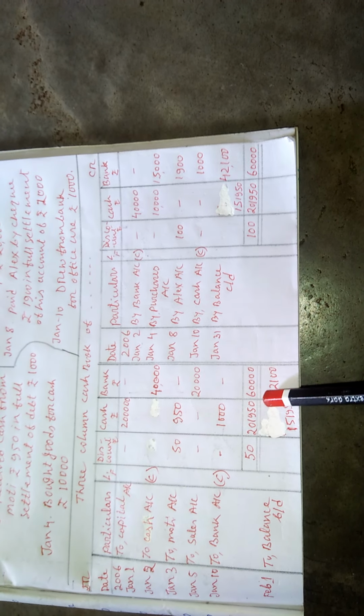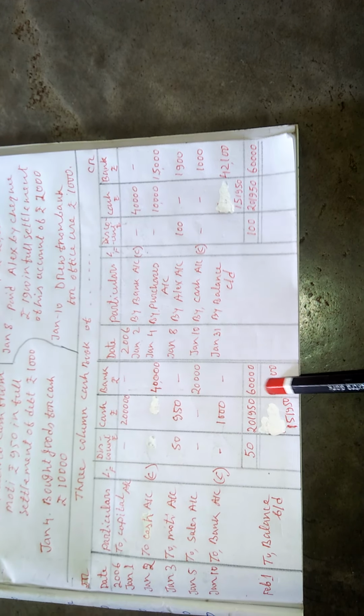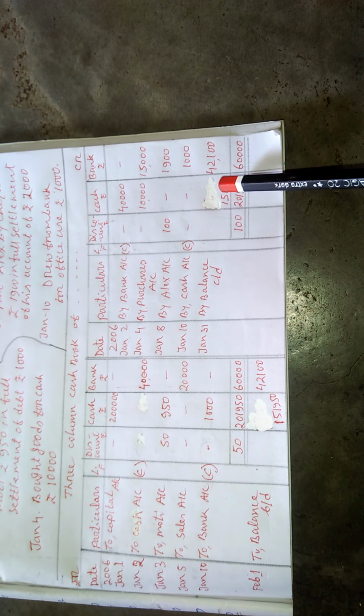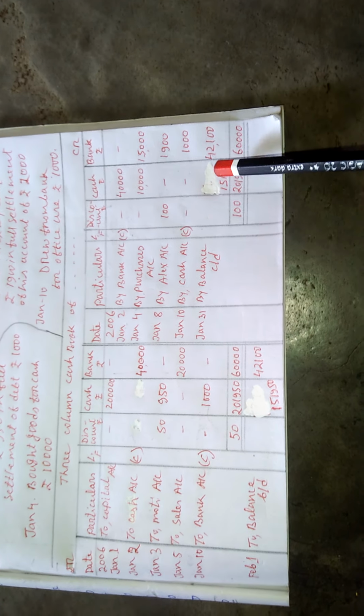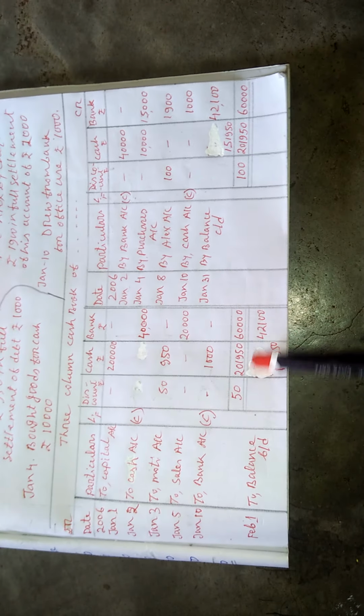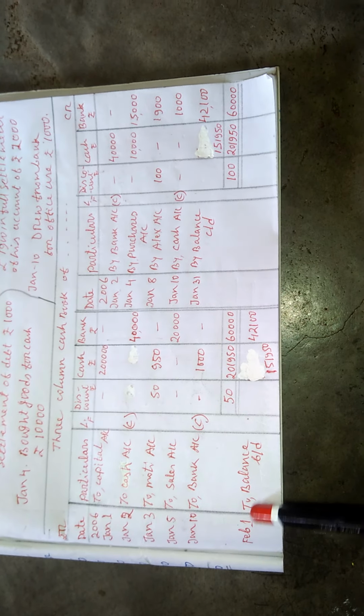So if we balance it, 2 lakh 1,950 minus 50,000, the balance will be 1,51,950 we have in our cash balance, we have in our hand. This is the balance. So that balance will be carried forward for the next month, that is February 1, balance b/d. Cash balance we have 1,51,950 and bank balance we have 42,100.